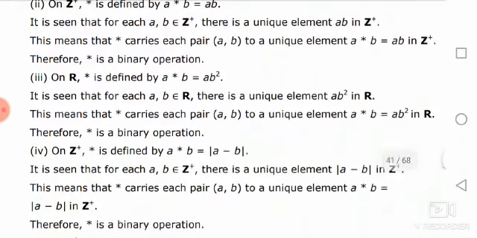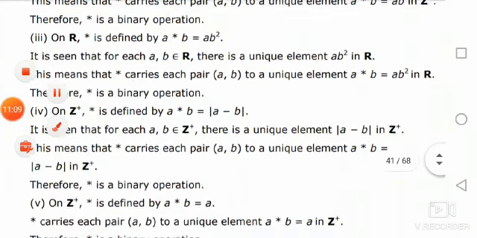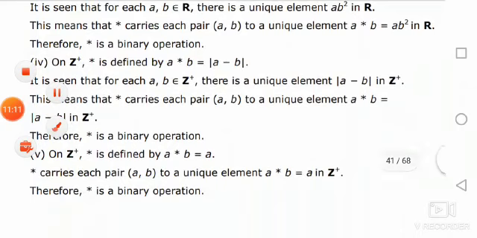It is seen that for each a, b square in R, star carries each pair a comma b to a unique element a star b is equal to ab square in R. Therefore, star is a binary operation on the given set. Likewise, we can begin with another question.